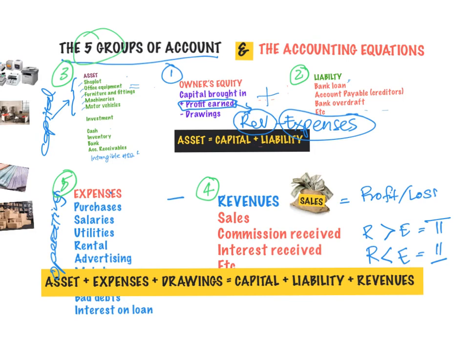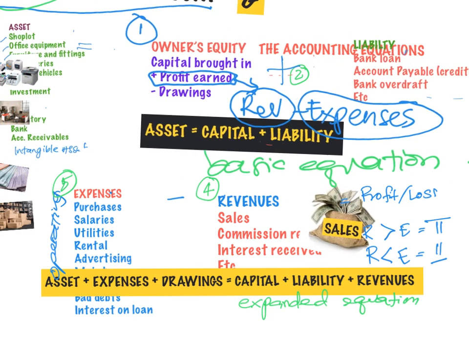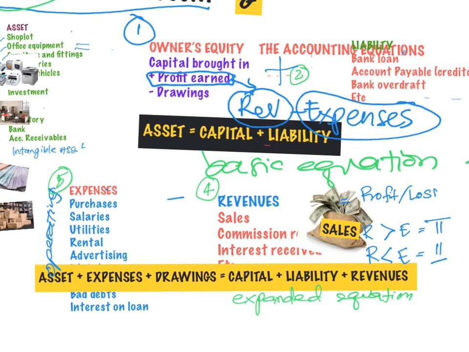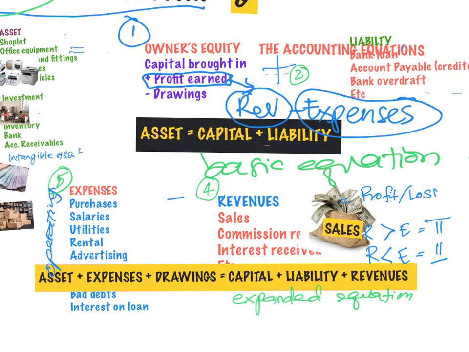So this is what we call the expanded equation, and here is what we call the basic equation. So now you can see that you have 2 accounting equations, which are the basic equation and also the expanded equation that consists of all 5 groups of account and also the drawings up here.